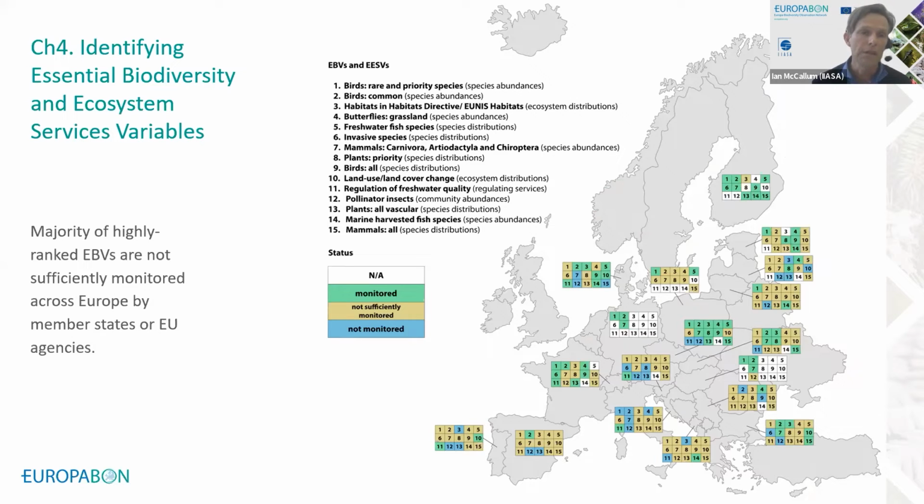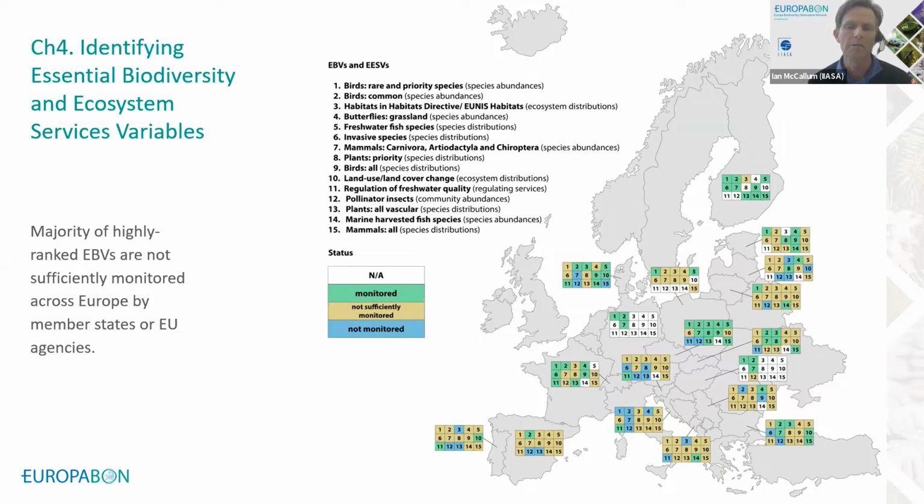You see a majority of these EBVs are related to species abundance and species distributions. They range across freshwater and marine ecosystems too, but typically also focus a lot on birds and habitats. But you see, looking across Europe, that for most countries, there are a few countries where we still don't have information at this point, but for most countries, a lot of the EBVs that we would require are not sufficiently monitored.